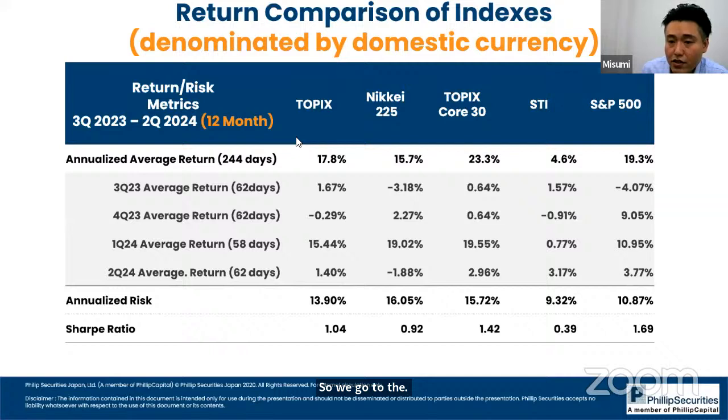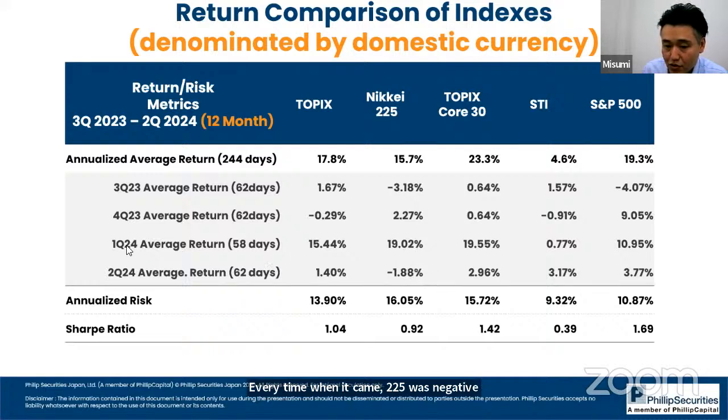I'm sorry, this is the return on indexes. We compare the index performance over the last 12 months by quarter. In the second quarter of 2024, the average return on Nikkei 225 was negative.